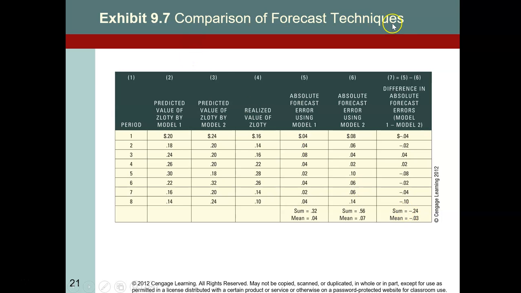Comparisons of forecast techniques. Again, we have different time periods. We have the predicted value of zloty by model 1 and model 2, and the realized value of zloty, or this currency. And then we have the absolute forecast error using model 1.